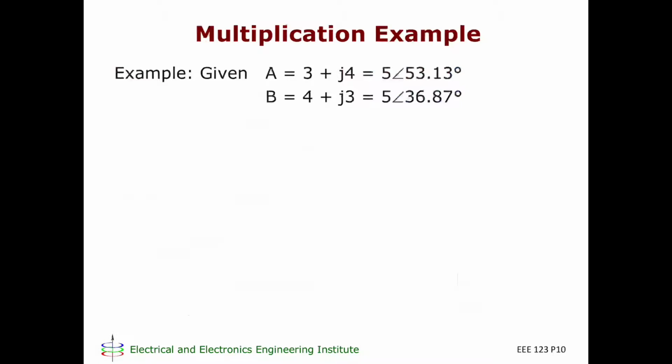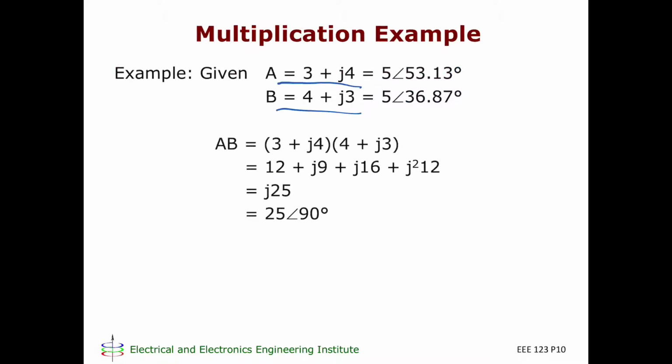So again, let's take an example. Let's say A is 3 plus j4 and B is 4 plus j3. So if we do this in rectangular form, again, you have to distribute the addition into the multiplication. So you generate the following terms. That's 3 times 4 is 12. 3 times j3 is j9. j4 times 4 is j16.